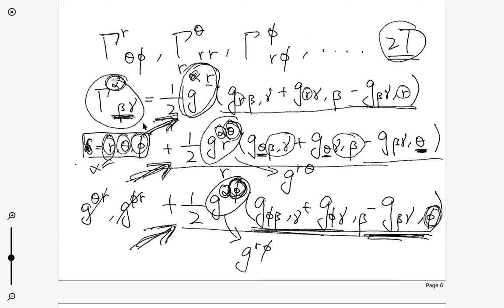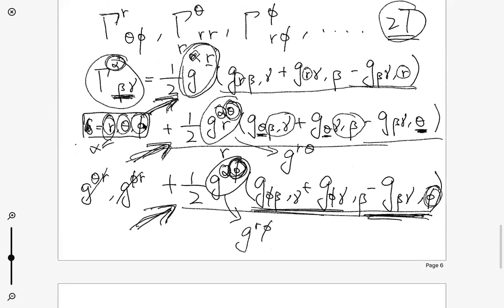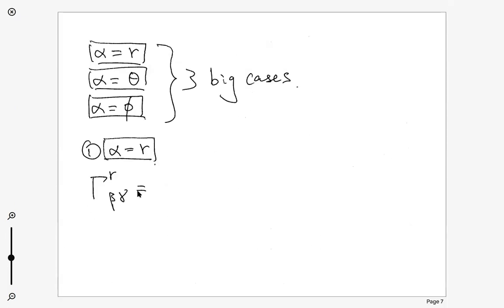So we have r, beta, gamma, something like this. And then as we said before, all the alpha becomes r. And because we're contracting on r, we can also have something like this. G, r, gamma, beta, okay.